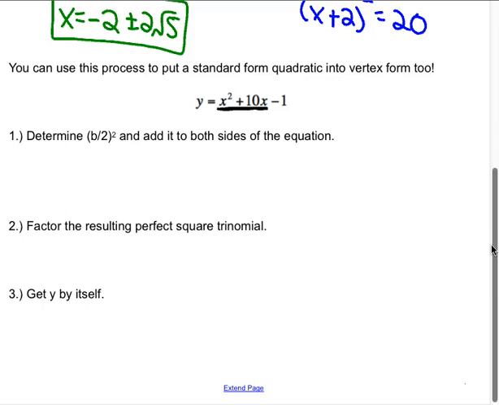So step 1 is realizing I have this x squared plus 10x plus something that is going to let me factor that nicely, okay?